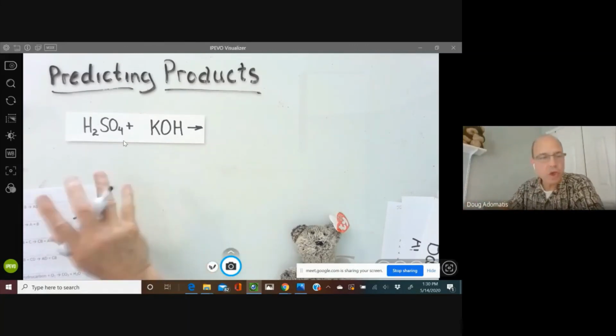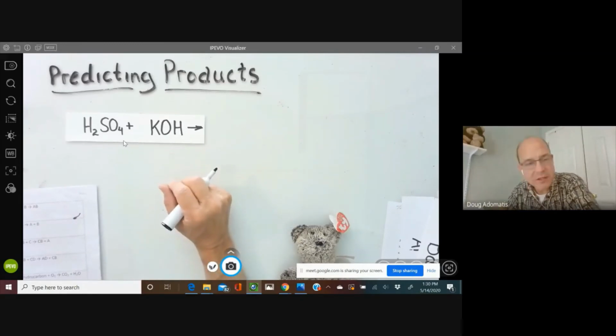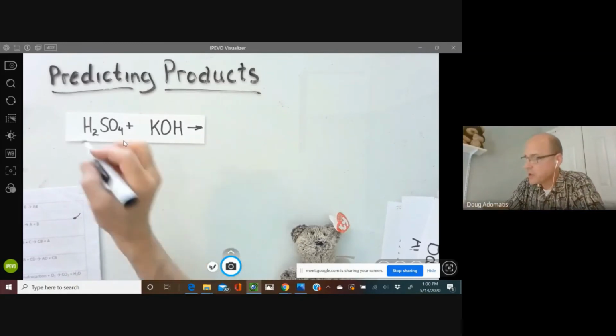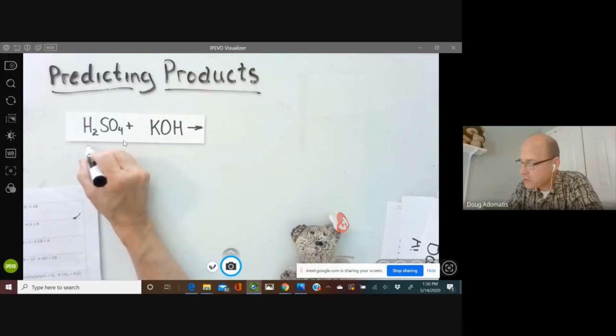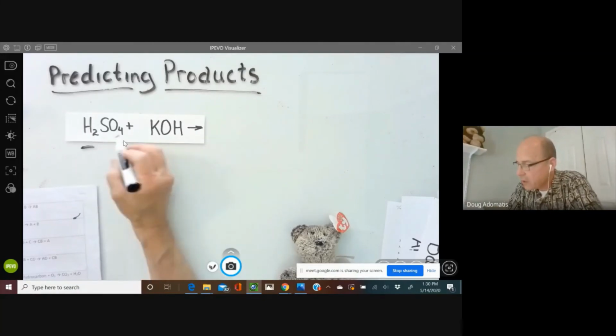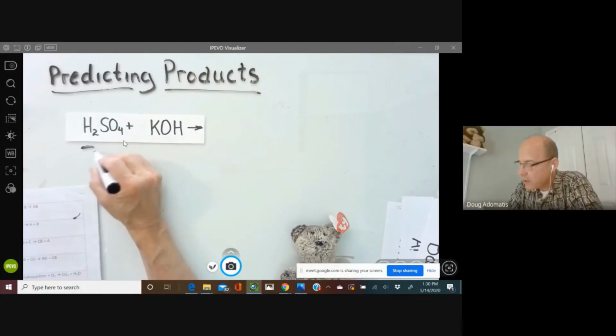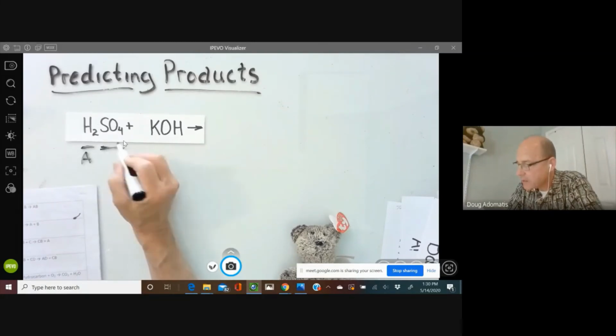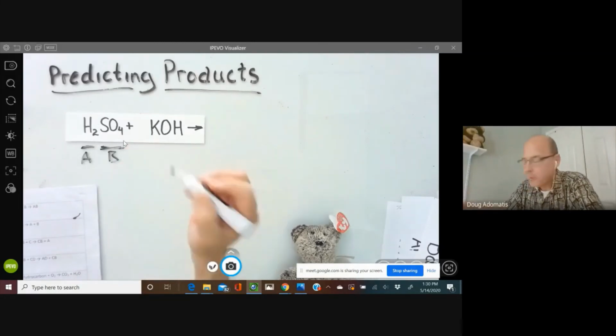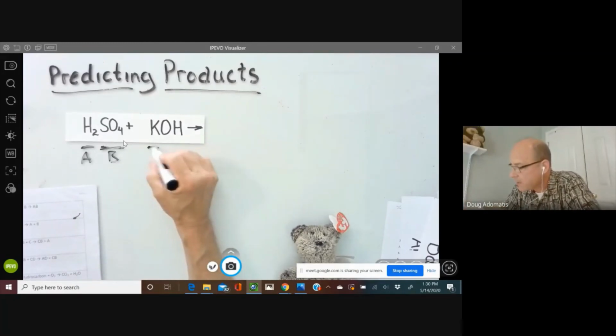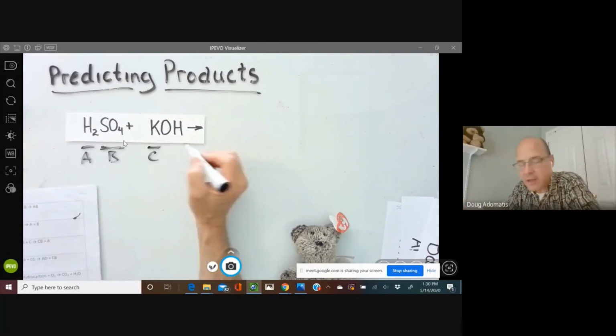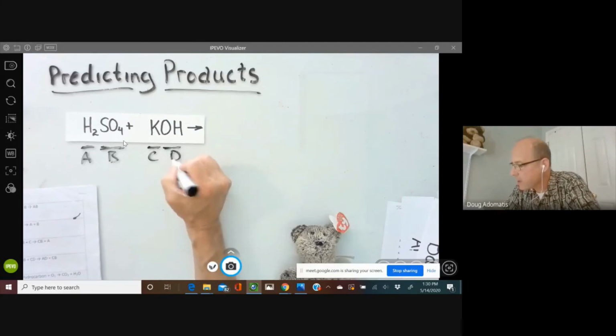This one just looks complicated from the onset. So double displacement, that would be your first hint, and then you would say, okay, I can identify this as one part of it, maybe the A part of it. I can identify this polyatomic, that's my sulfate again, as another part of it. I can identify this as another part of it, and this is another polyatomic right here.